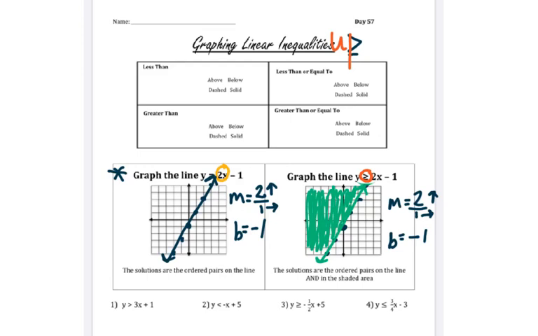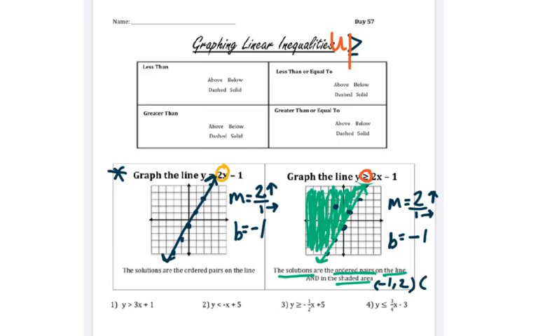So now the solutions are any ordered pair that lives on a solid line or lives in the shaded area. So for example, this ordered pair is a solution of your inequality. That is left 1 up 2. That's a solution. Anything on the line is also a solution.